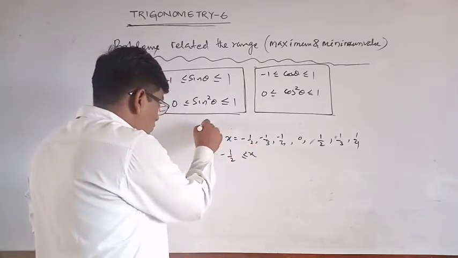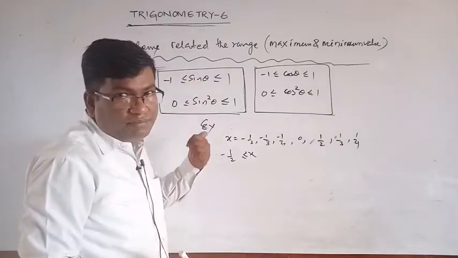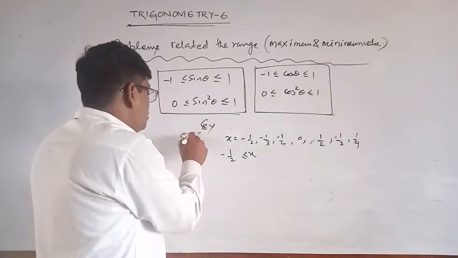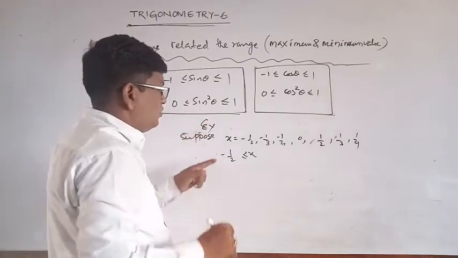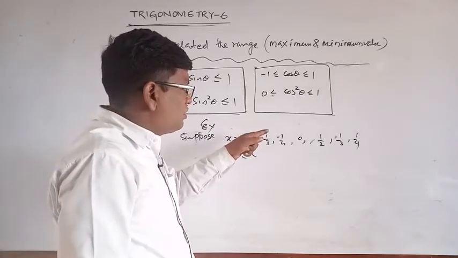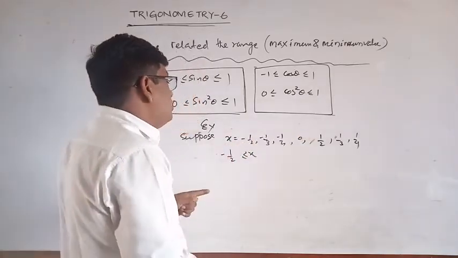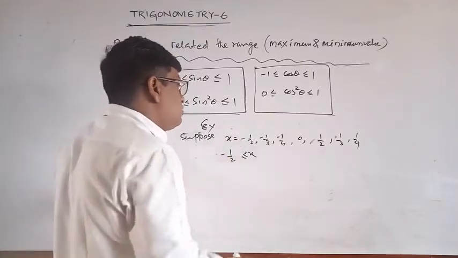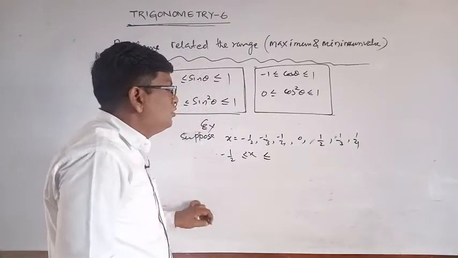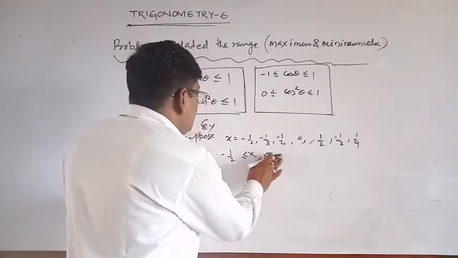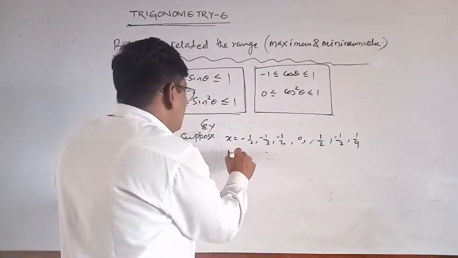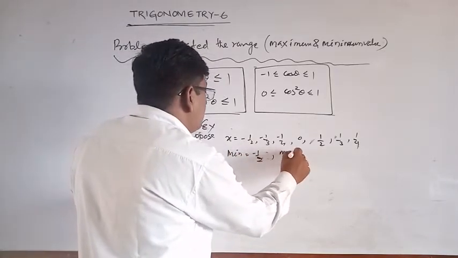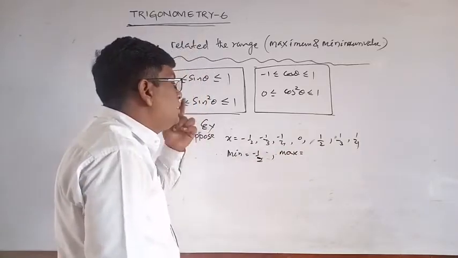This is an example to understand the concept. For x equal to -1 by 2, -1 by 3, 0, 1 by 2, the minimum value of x is -1 by 2 and the maximum value is 1 by 2.